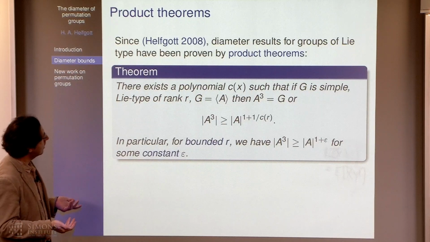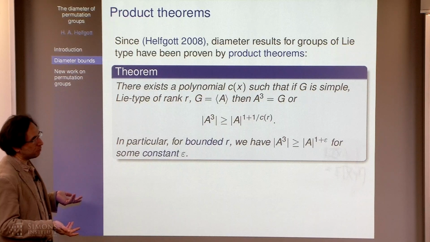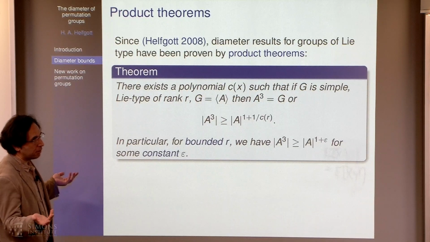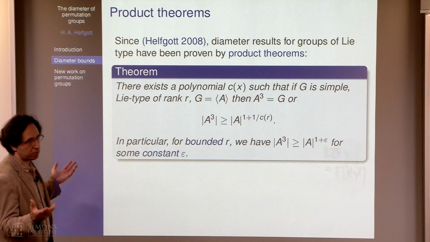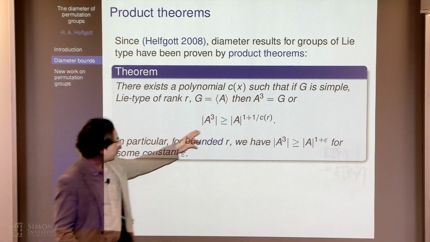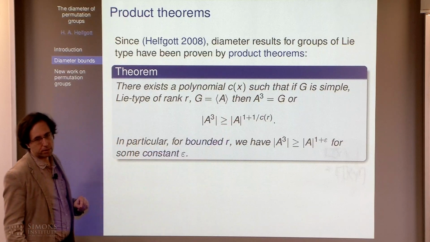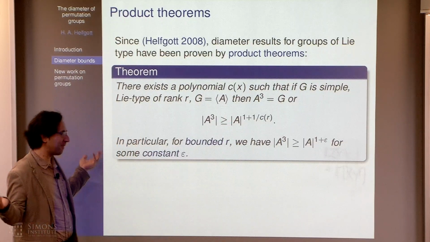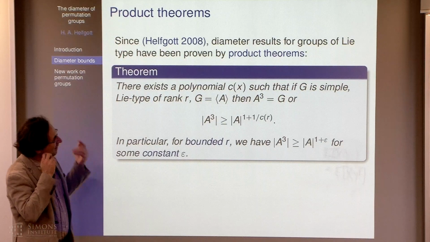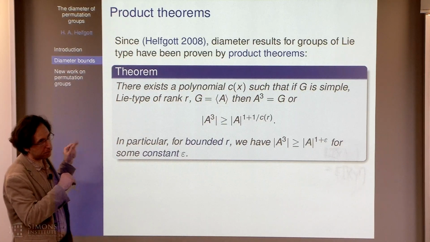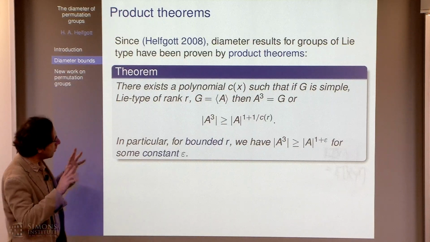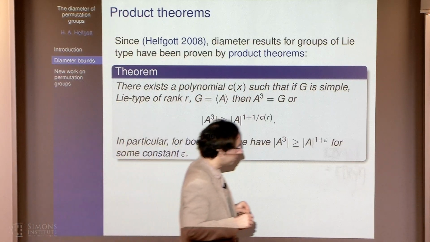So you have that if A is a subset of the group that generates the group, and you multiply A by itself twice, then either you get the whole group, or you get a set that is substantially larger, by a power. The ideal thing would be A to the third. That's not going to be true, but it's a constant power, or at least a constant that depends only on the rank. Remember that dependence on the rank is a matter that is still problematic.